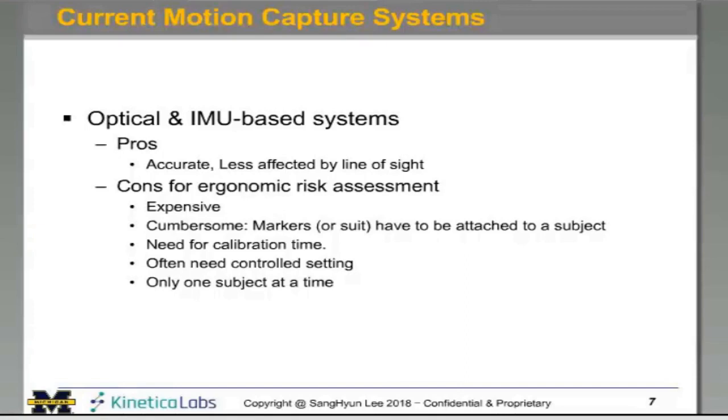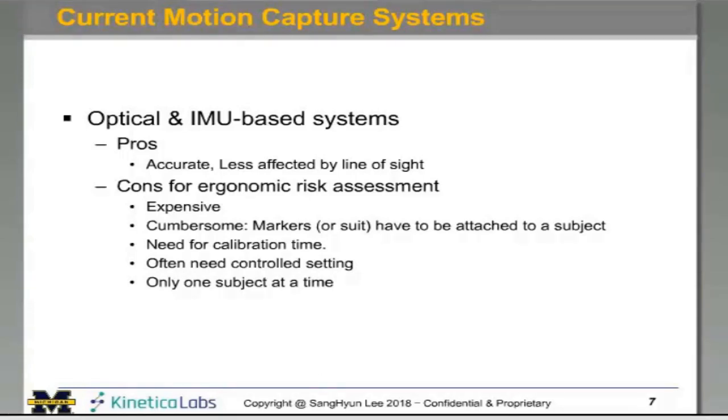So those are all great, really great, work great. However, there are some cons for ergonomic risk assessment. Let's say you would like to apply these great tools to ergonomic risk assessment, particularly in the field. Risk screening, you need to get the data from the field. So there are some cons when you apply these technologies to the field.